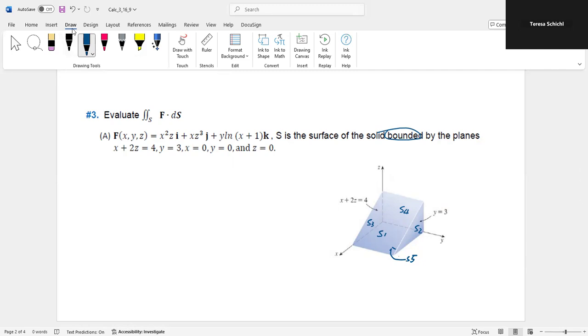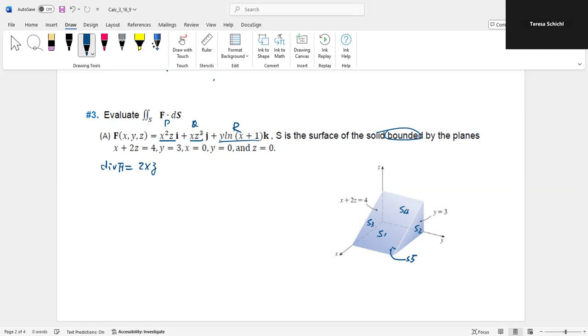The only thing we need to be careful about is that when we change it to the regular definite integration, we need to be careful about the bounds. So the divergence of F: this is my P, this is my Q, this is my R. Taking the derivative of P with respect to x, I have 2xz.